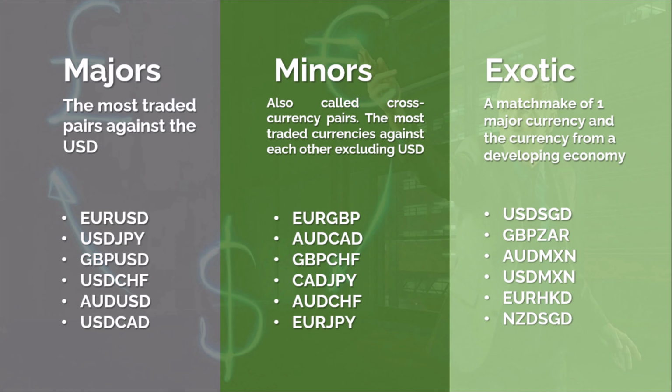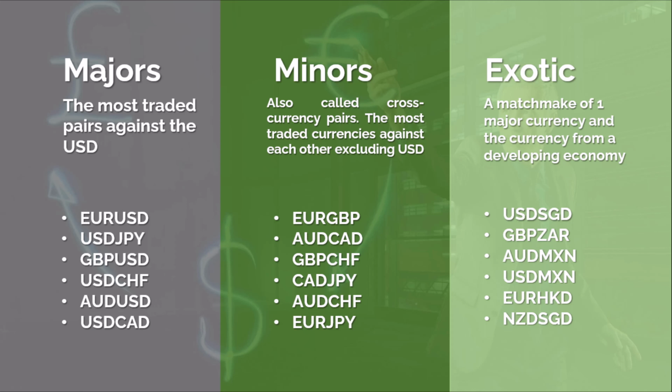Now we have different types of currency pairs. We have the major currency pairs, we have the minor currency pairs, and we have the exotic currency pairs. What are the major currency pairs? The most traded pairs against the USD. So when you have a pair and there is USD in that currency pair, and there's another major currency in that currency pair, then that currency pair is called a major currency pair.